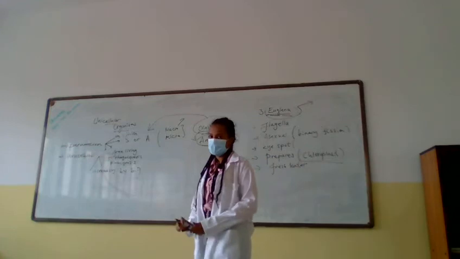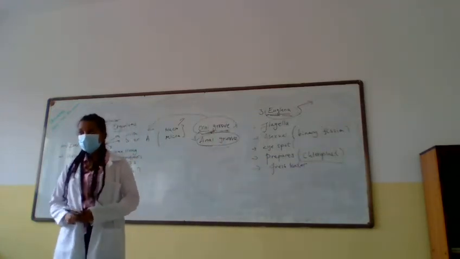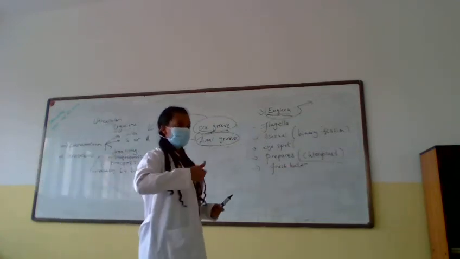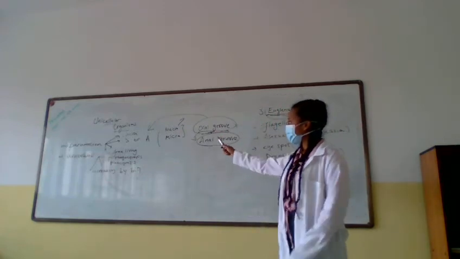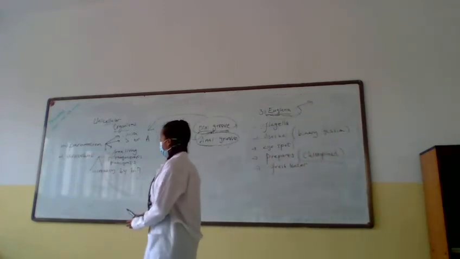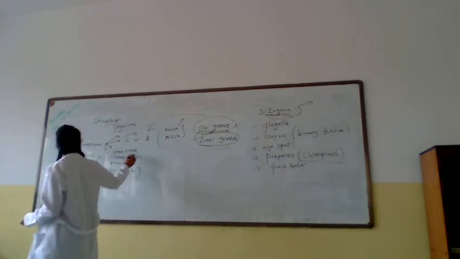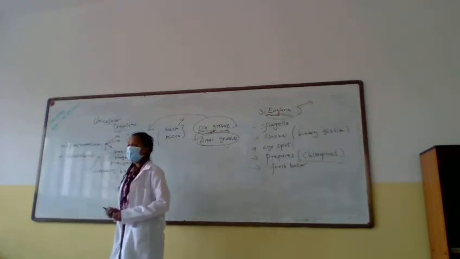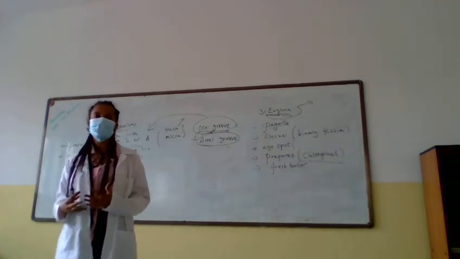What is the other microorganism that lives in freshwater bodies? Yes, amoeba. Amoeba is either free living or parasitic. Exactly. And the parasitic form of amoeba, like we said last time, can cause serious disease.